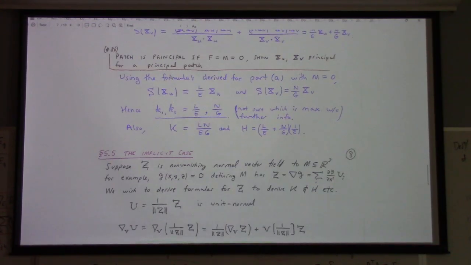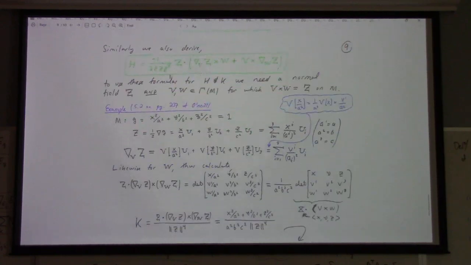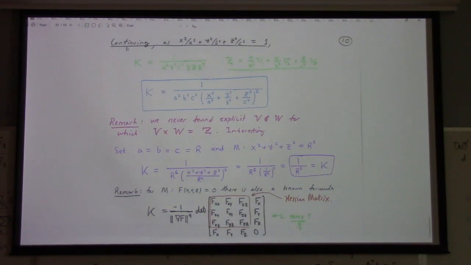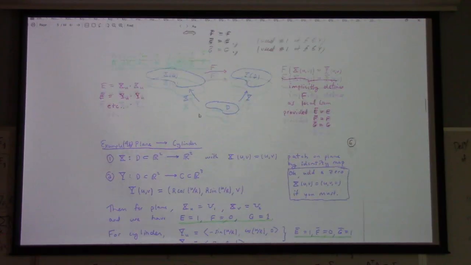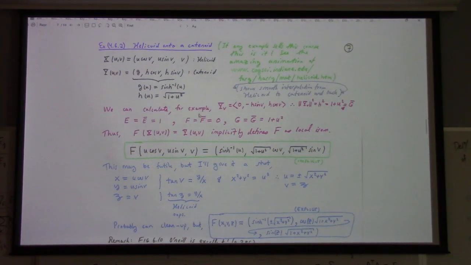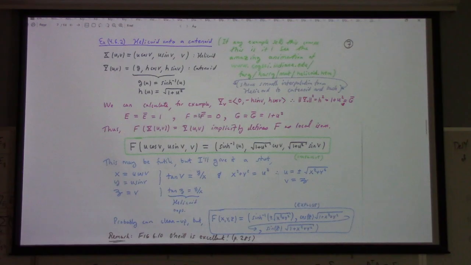There are really cool formulas for orthogonal patches. I still don't understand where that formula comes from. Let's see here. So this right here, it turns out that there's a helicoid, there's a catenoid, and they're rather different looking, but they actually have the same E, F, and G, which means that, because that's basically what goes into calculating the Gaussian curvature, they have the same Gaussian curvature.